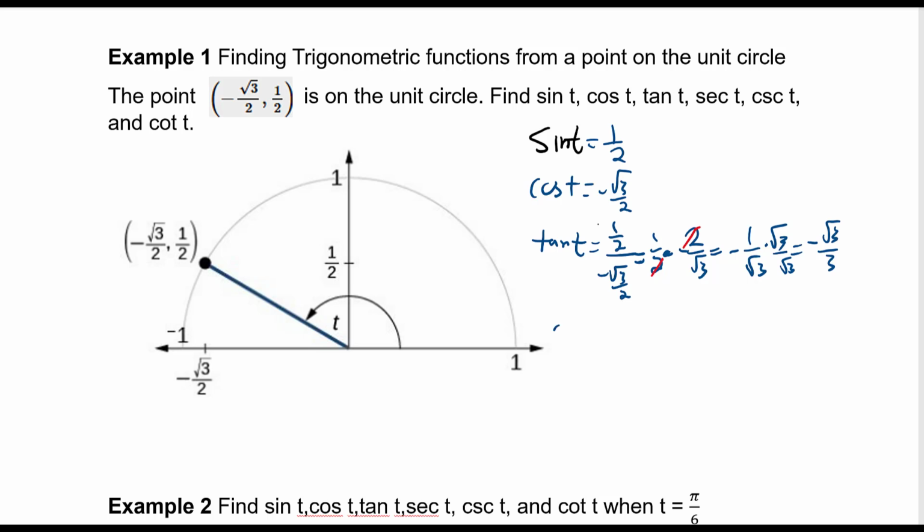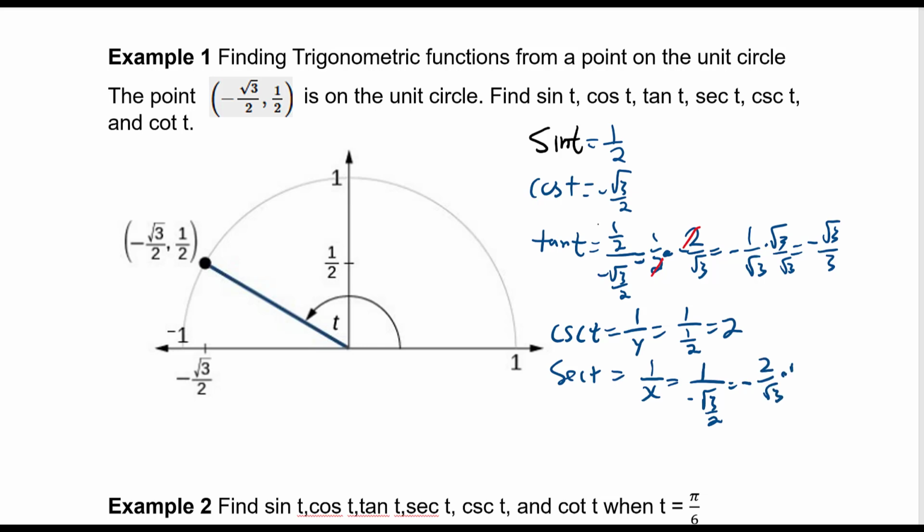Now our cosecant of t is 1 over the y, or 1 over sine. So it's 1 over 1/2, which is 2. Secant of t is 1 over the x, so 1 over the cosine, 1 over negative square root of 3 over 2, which gives us negative 2 over the square root of 3. If we rationalize that denominator, we get negative 2 root 3 over 3.